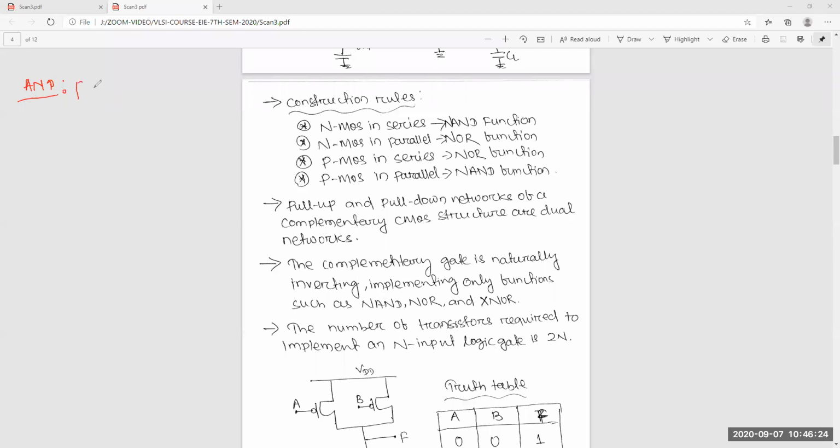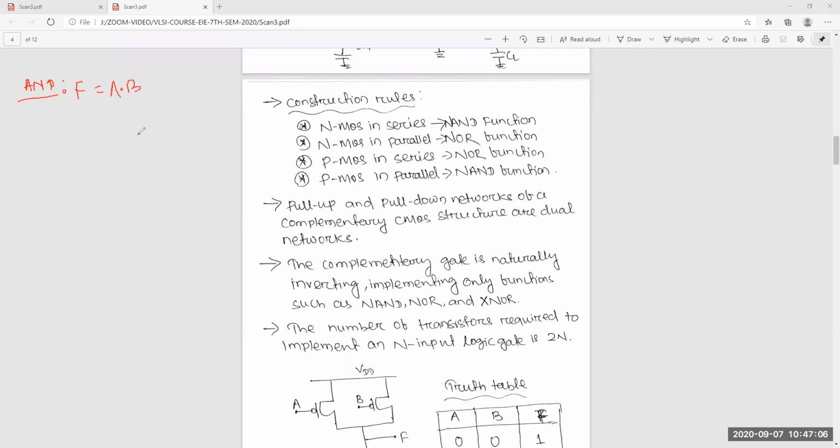Suppose the output is F. Suppose two input AND gate, this is A and B. What is the function? In your digital electronics subject, you have studied logic gates. F is equal to A dot B.